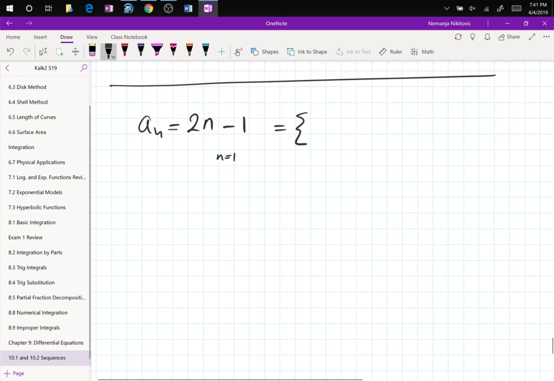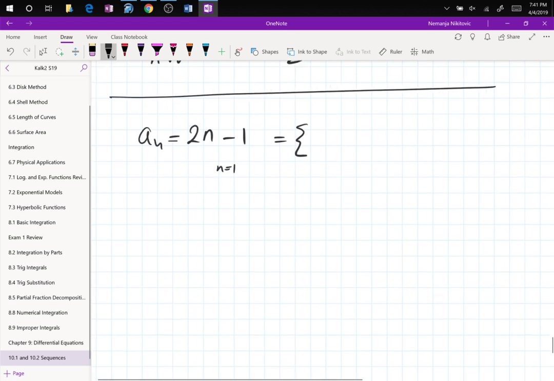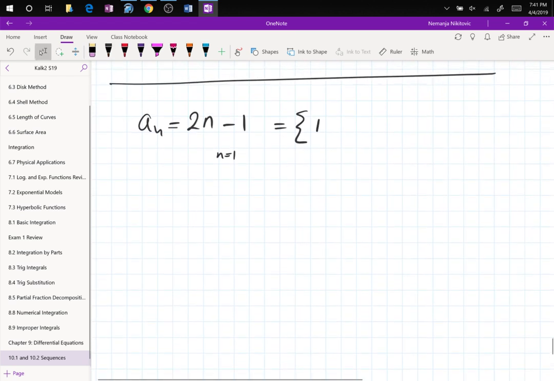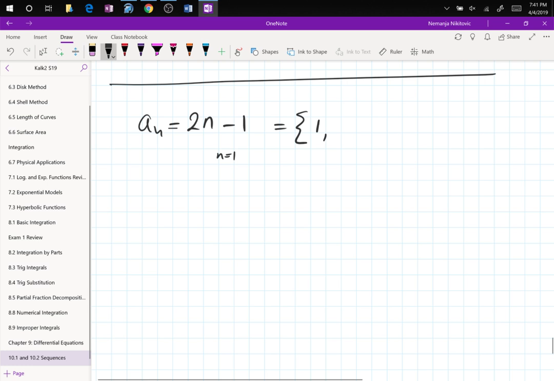If n is equal to 1, the first value is 1. Then when n is equal to 2, the next value is 3, then 5, 7, 9, 11, 13, and so on towards infinity. 2n minus 1 is the way to write odd numbers, right? 2n is for even, 2n minus 1 is for odd.